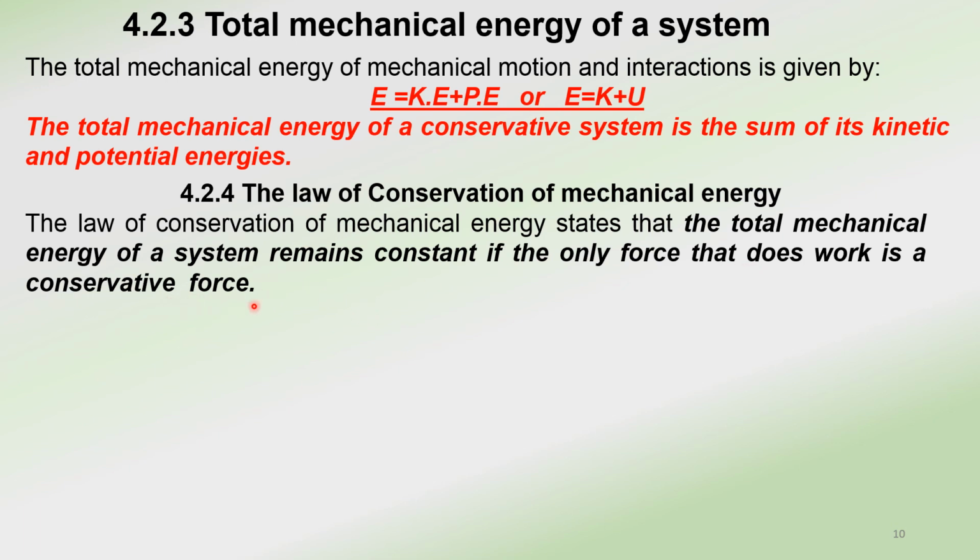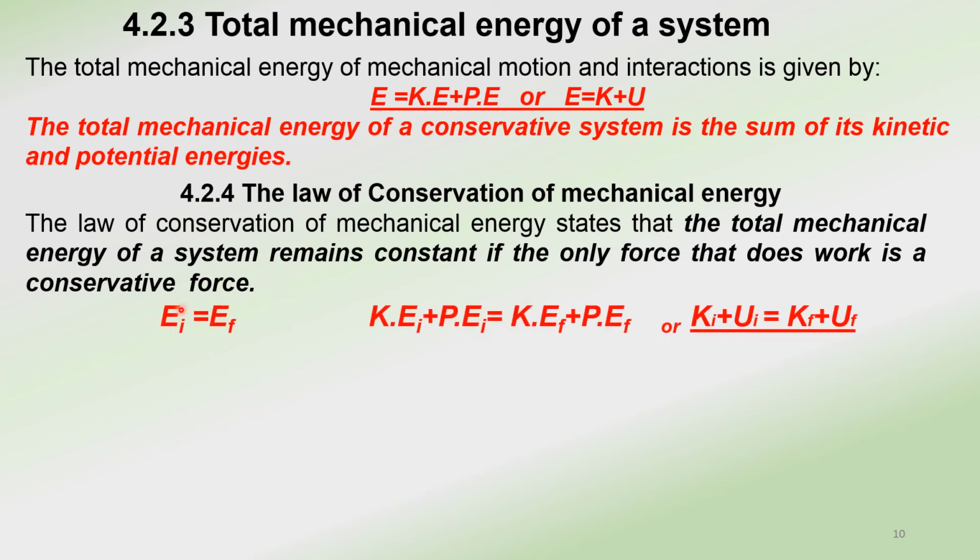This means that the total mechanical energy at the initial position is equal to the total mechanical energy at the final position, which means initial kinetic energy plus initial potential energy is equal to final kinetic energy plus final potential energy.